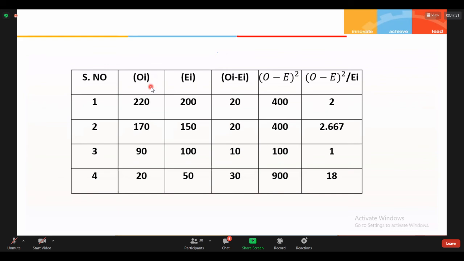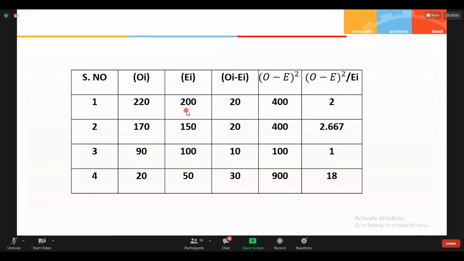Observed values are denoted by Oi, and the expected frequencies we just discussed are Ei. In the next column, we have to find Oi minus Ei.